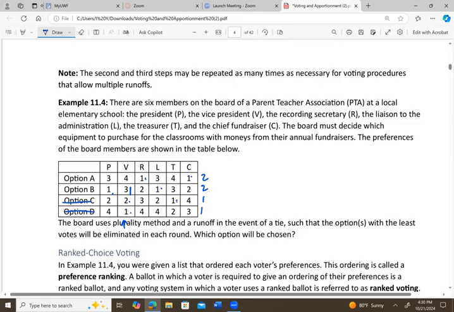And then the same thing here. Option C was eliminated. Option D was their next choice. That doesn't work. So here option B becomes their first choice, and option B would have 4 first place votes, whereas option A would have 2. So B wins.